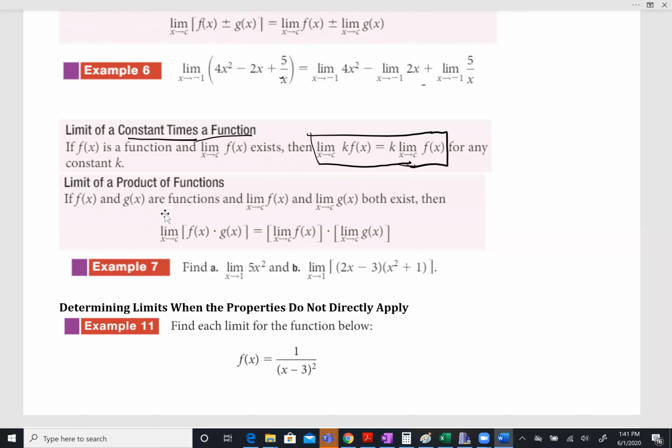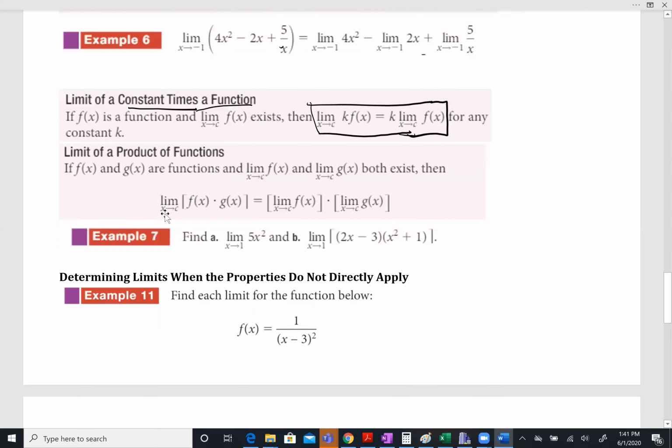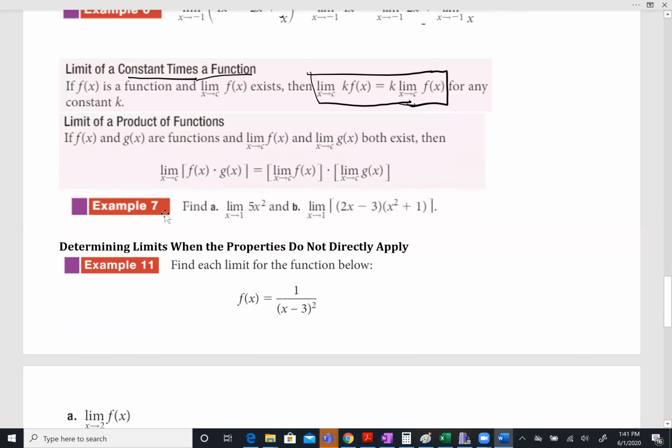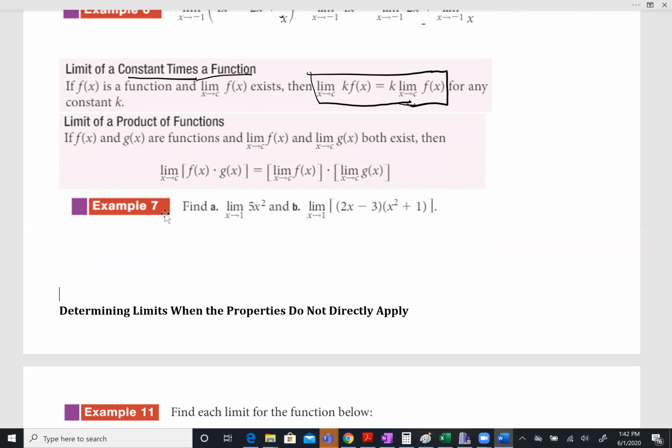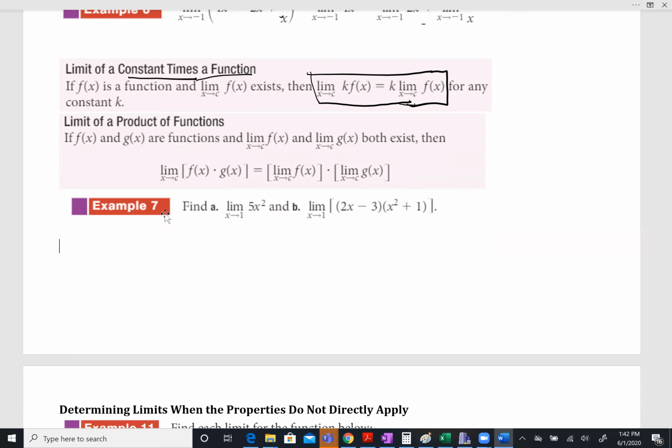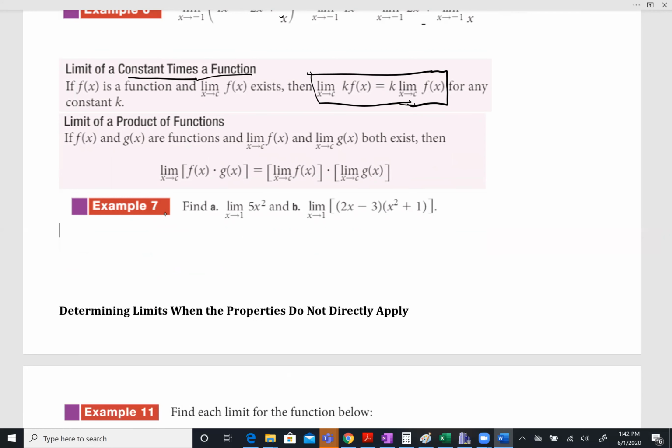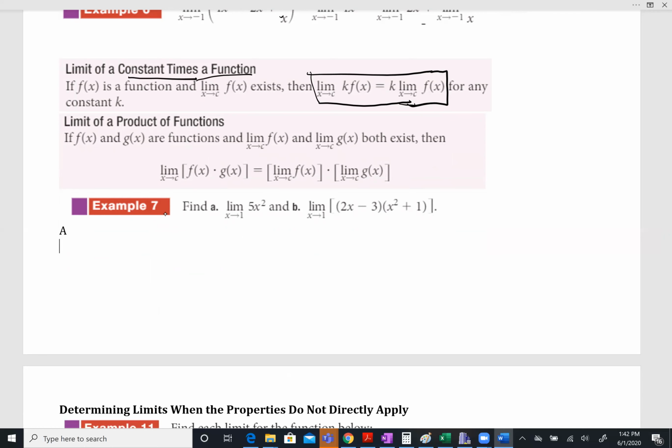You can also split it into two limits multiplied by each other. Okay, so for example, number 7 here. Say A. They want me to find the limit of 5x squared when x goes to 1.